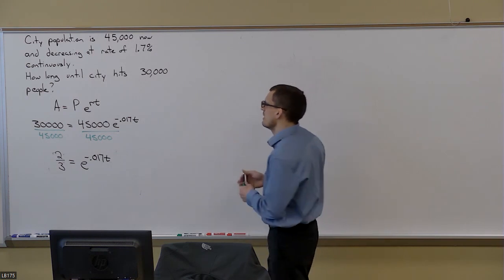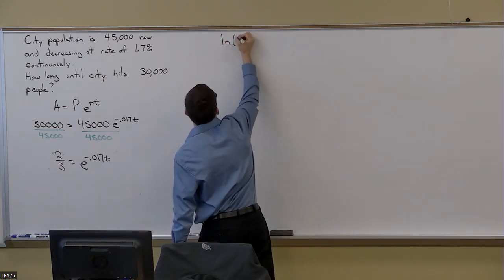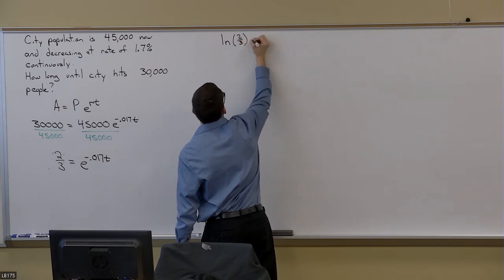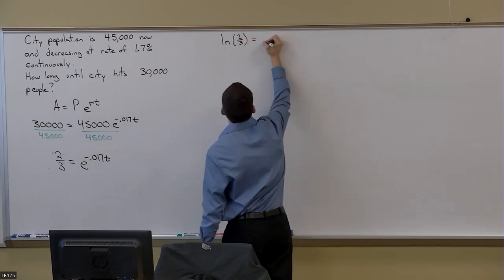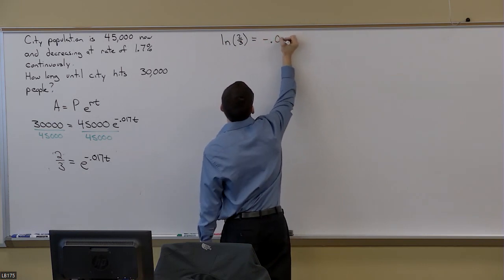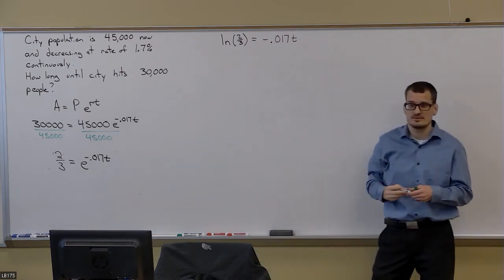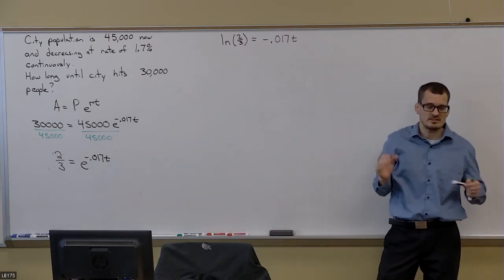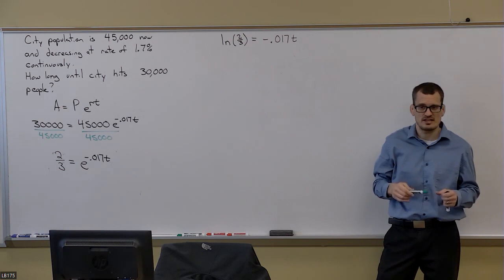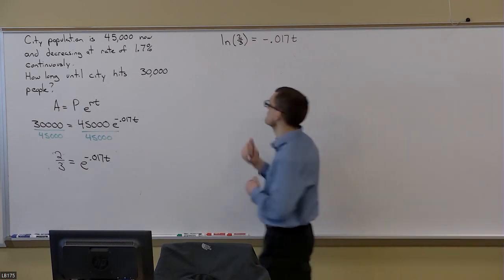And the natural log on the right-hand side is going to cancel out with the E, and I'll just be left with the exponent. You can write a step where you just put natural log on both sides and then cancel it out if you like. I just didn't.